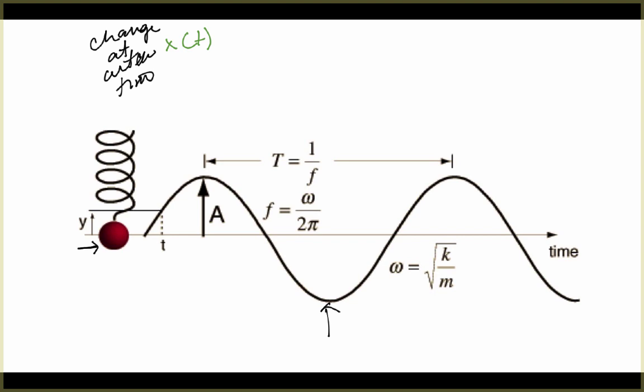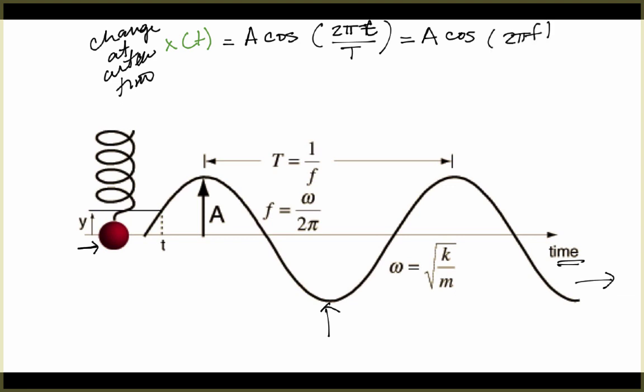At that time, as we go this way, we're looking at different times. We can figure that out using the cosine of 2 pi t over big T, which equals the cosine of 2 pi f t.